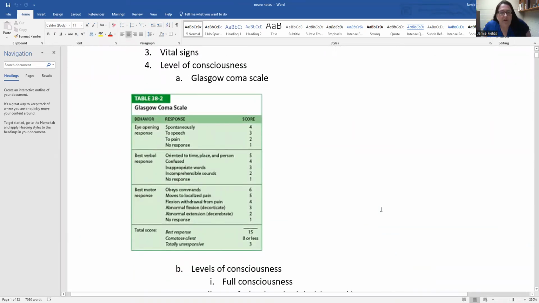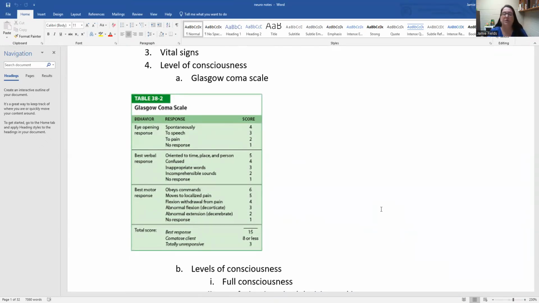So if I walk into the room, the Glasgow Coma Scale is a quick assessment of level of consciousness and responsiveness. It is not a full neuro assessment, but it is part of every neuro assessment.